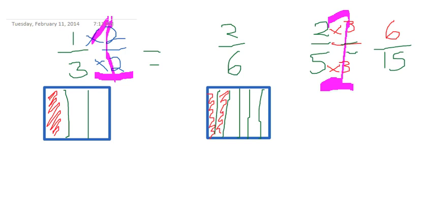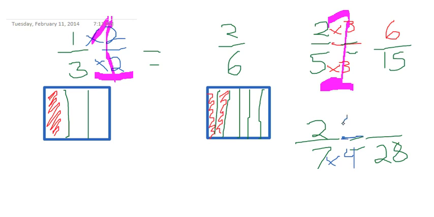What about this one? 2/7 equals something 28. 7 times what gets me 28? 7 times 4 gives me 28. Up here, I need to do the same thing. I have to multiply it by 1 because I need the same thing.